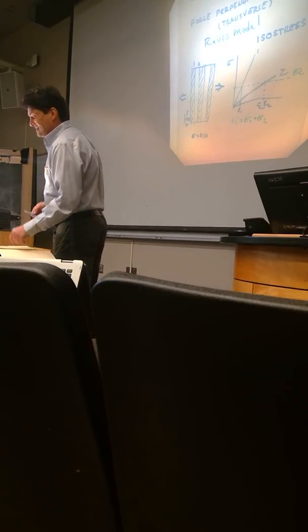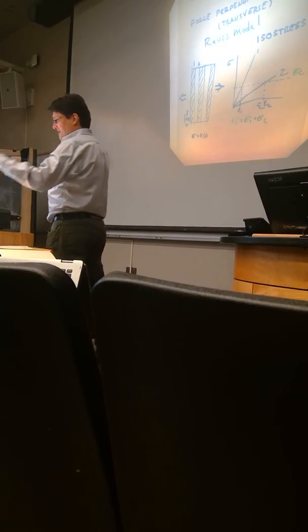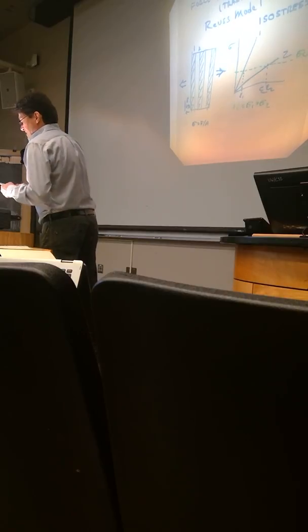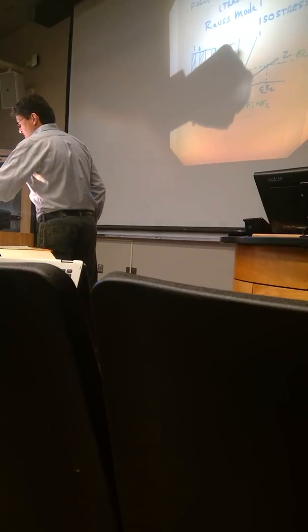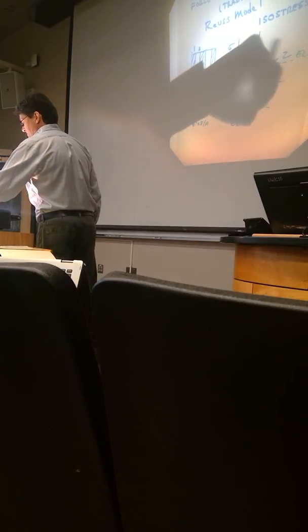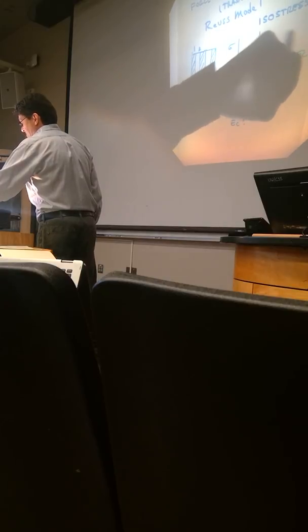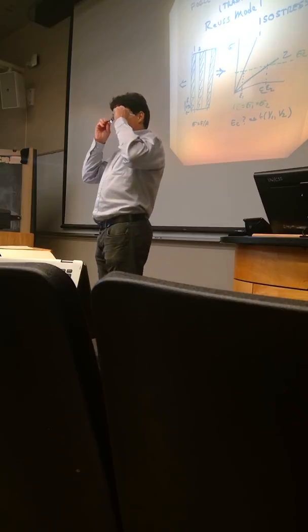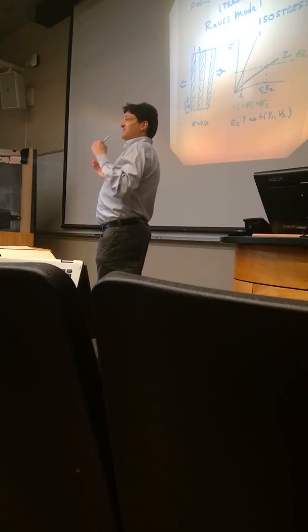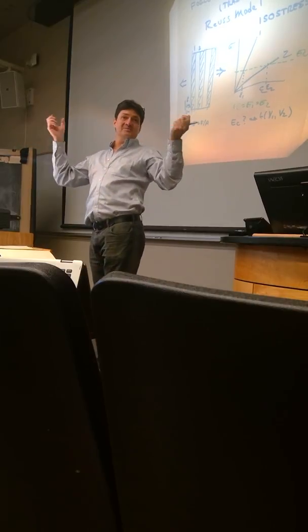So based on this, you can, again, come up with some math, because we want to know what is E of the composite as a function of volume fraction of 1 and volume fraction of 2. So if you were to make a composite and you needed to have a certain stiffness, okay, I'm going to choose these two materials.